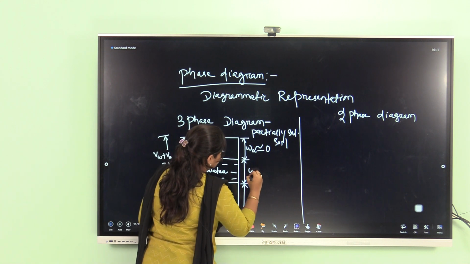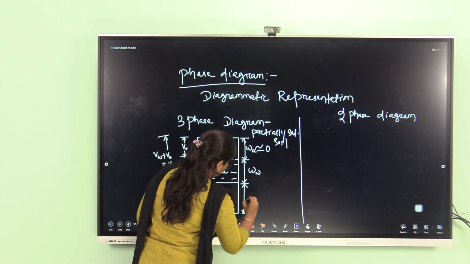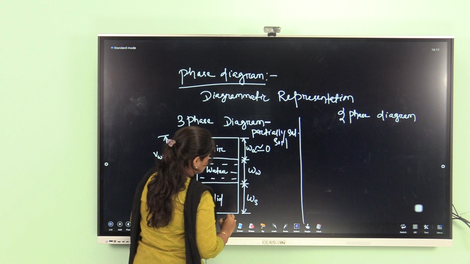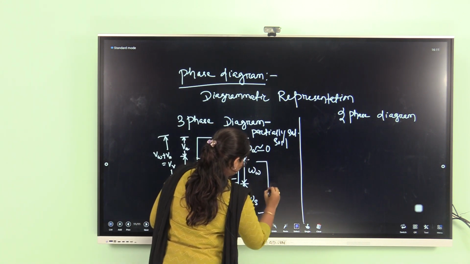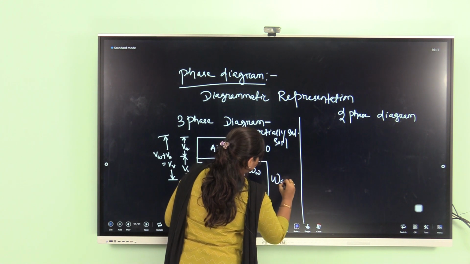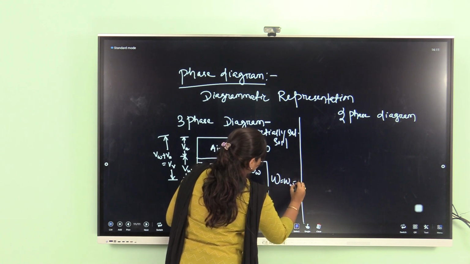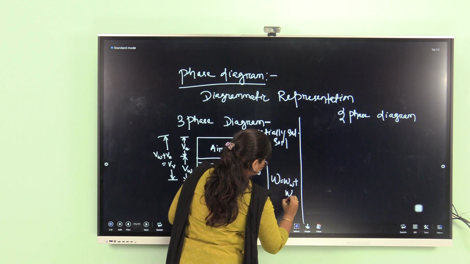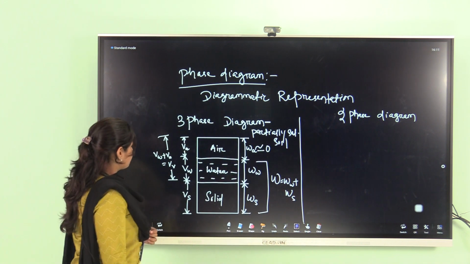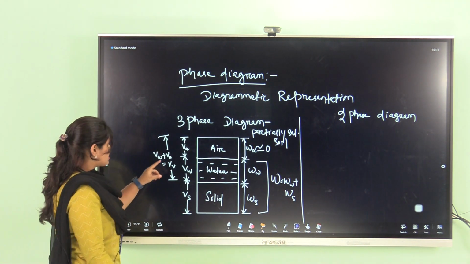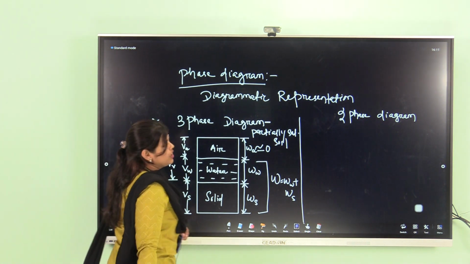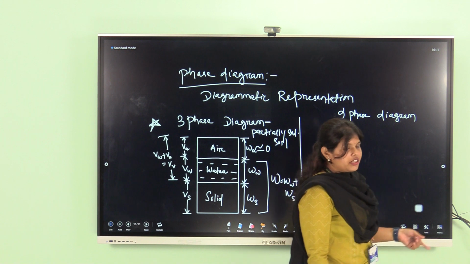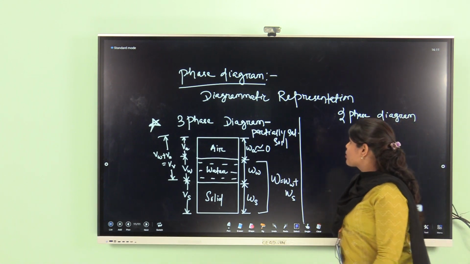The weight of water is considered as WW and likewise WS, and the total weight is equal to WW plus WS. This three-phase diagram is the most important basic of geotechnical engineering and soil mechanics.